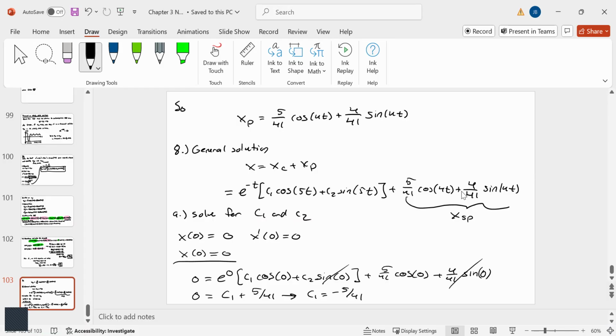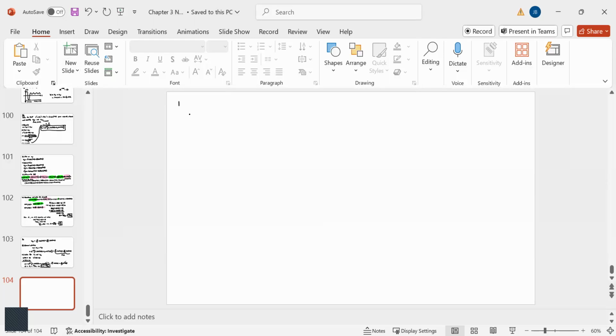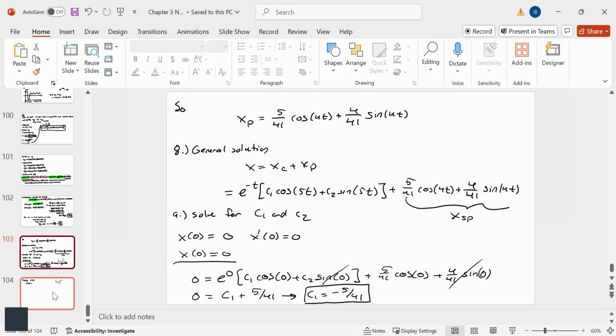Is that always going to be a pattern? No, it's just what happens in this problem. So we got that. And then from there, finding x prime, this is going to be the most annoying part because I have to take the derivative of everything. So this is a pretty big derivative. So taking the derivative, x prime of t is equal to, well, I just have to do a bunch of chain rules.